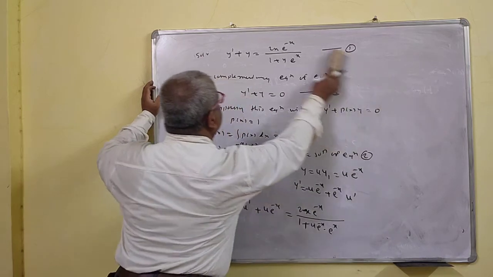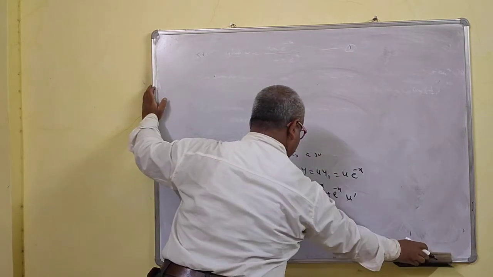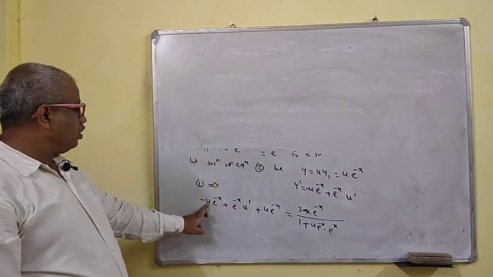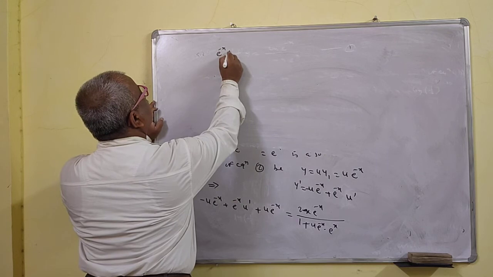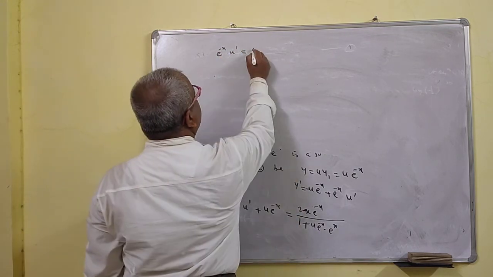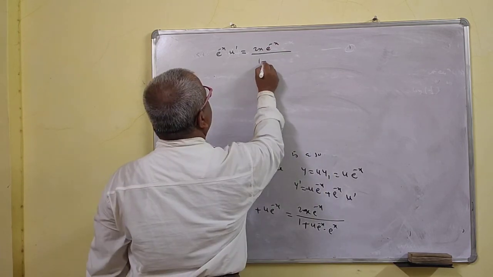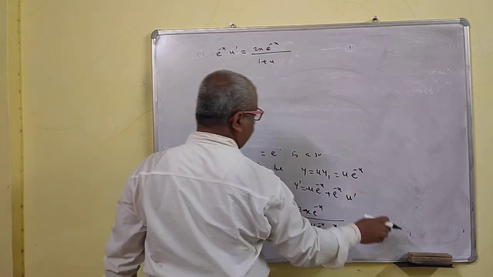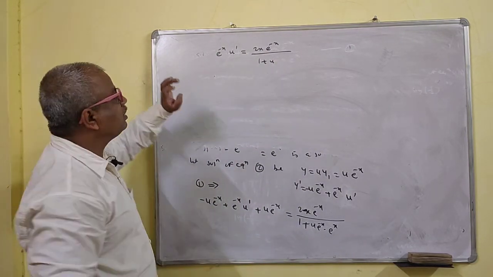Now see, u e raised to minus x gets cancelled. So e raised to minus x u prime is equal to twice x e raised to minus x upon 1 plus u. Now this e raised to minus x gets cancelled.